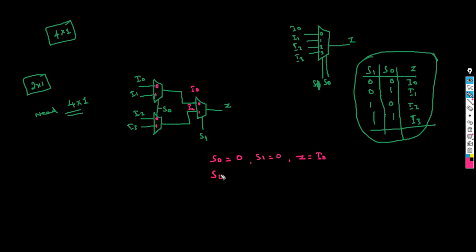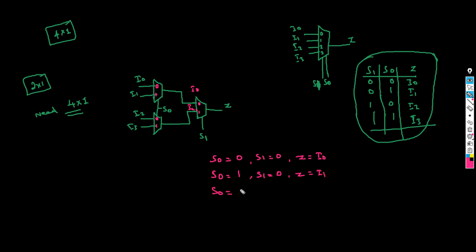Now say S0 is 1 and S1 is equal to 0. Now what is going to be Z? Sorry, I1, sir. S0 is 1 meaning it is basically I1, and then I3 comes over here, and S1 is 0, so it is going to be I1.